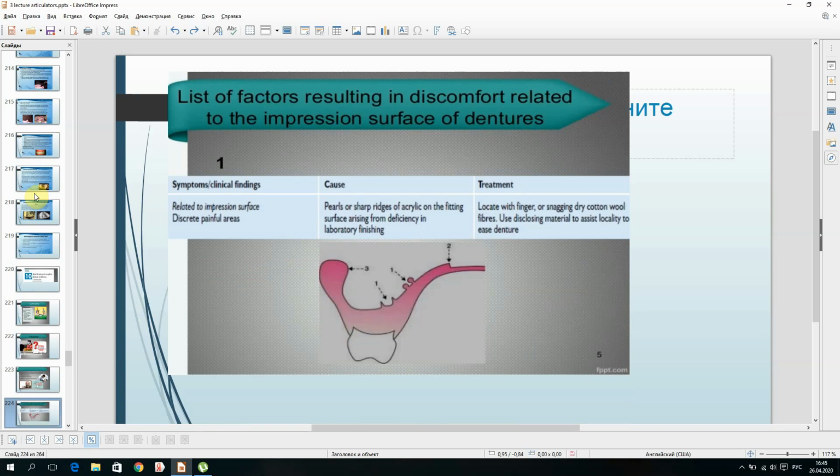A list of factors resulting in discomfort related to the impression surface of dentures.